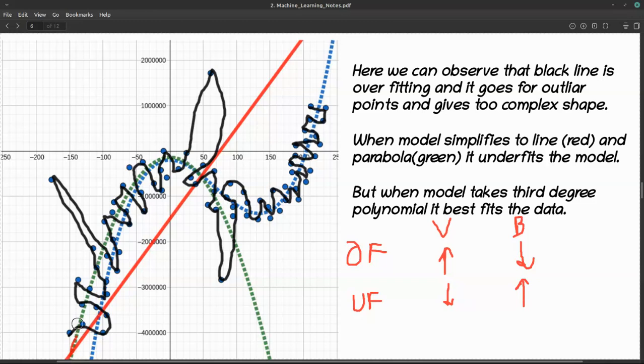See, as I increase the model complexity, the variance and bias are about how complex a model you want to choose. If you choose a very simple model, let's say I just want one polynomial of degree 1, that's nothing but a simple single line, this red line.